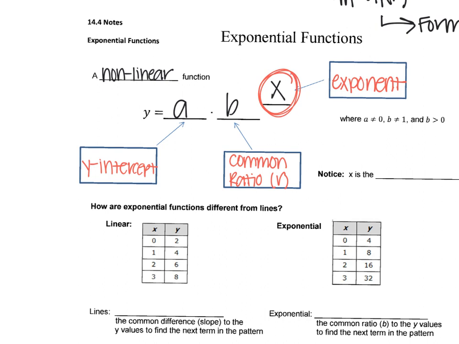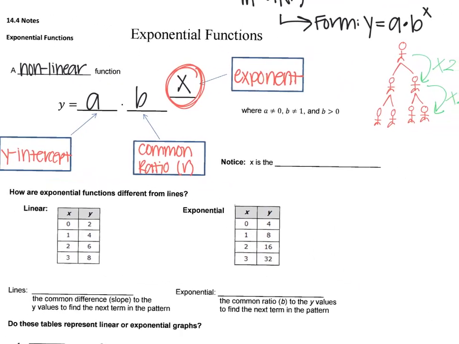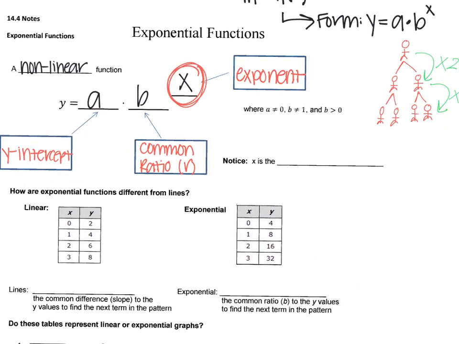If you just have a number, it's not an exponential function. So keep in mind, for it to be exponential, the x is the exponent. And you've probably never seen that before. This is probably the first time having the variable up in an exponent.